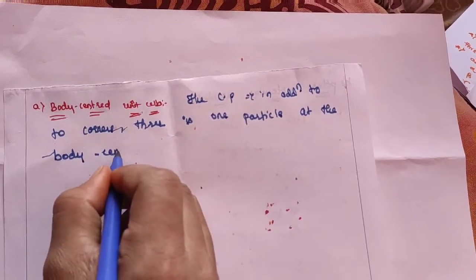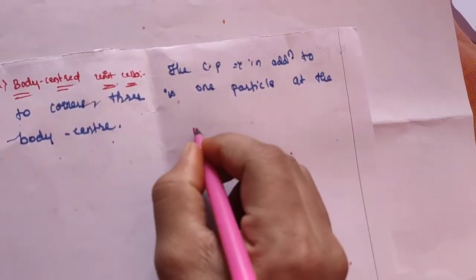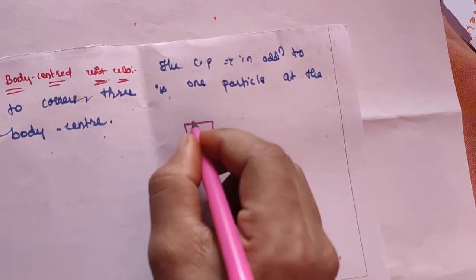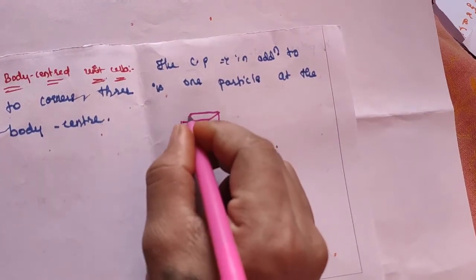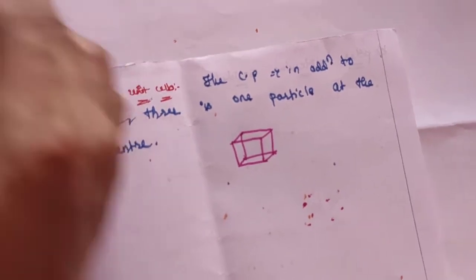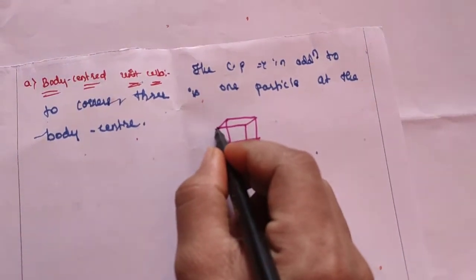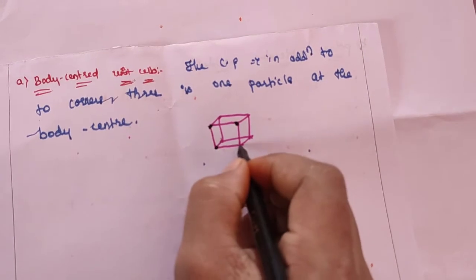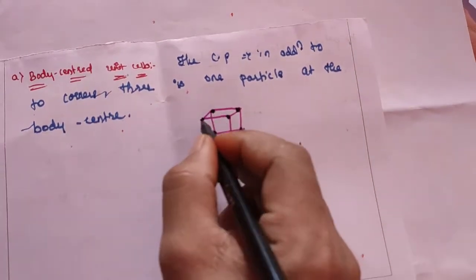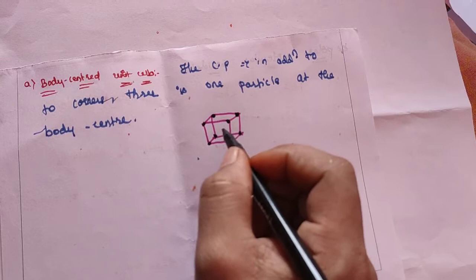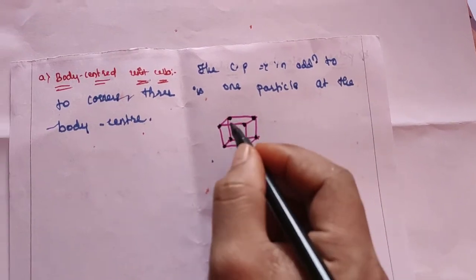At the body center means, you can observe here, in a body centered unit cell the constituent particles are present in addition to corners, and there is one particle at the center of the body.